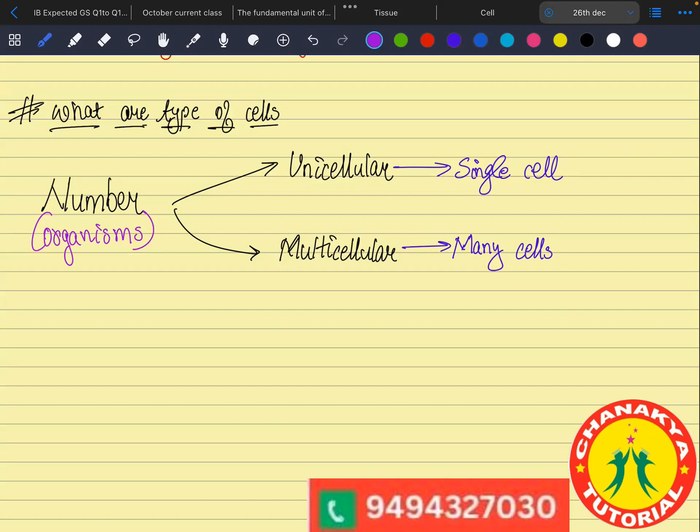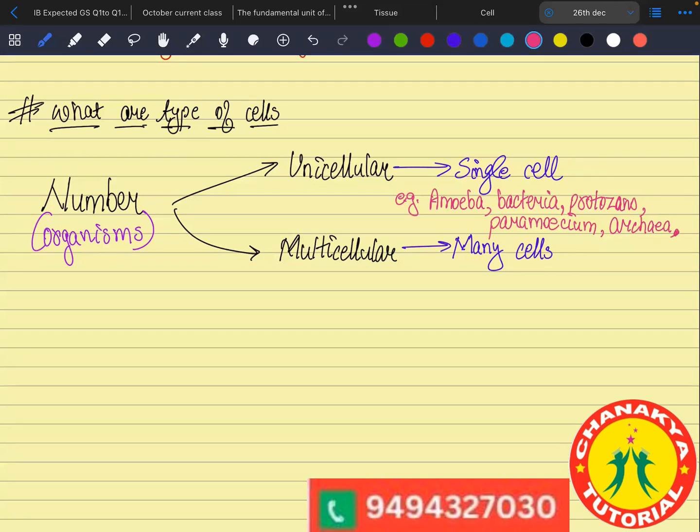According to the number of cells, organisms can be divided into two: unicellular and multicellular. Examples of unicellular organisms are amoeba, bacteria, protozoans, paramecium, and archaea also.